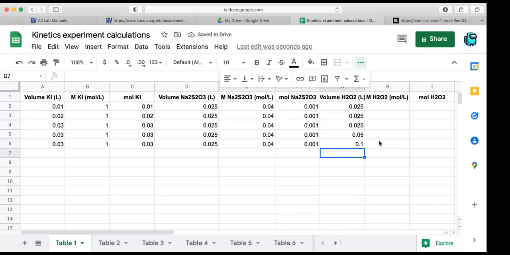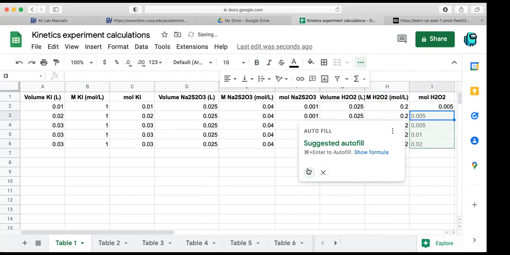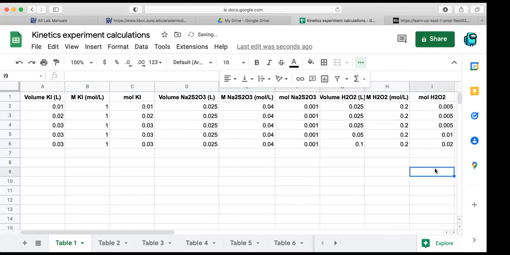The concentration of the H2O2 is 0.2. I'm just going to fill that down. And now we can do our concentration times our volume and then autofill that. And now we have completed table 1. Our goal in this table was to get the initial moles.